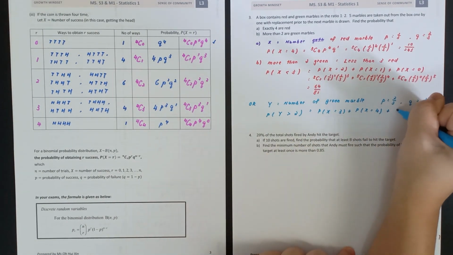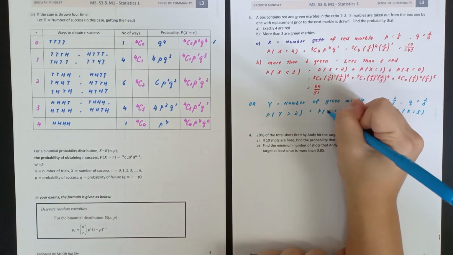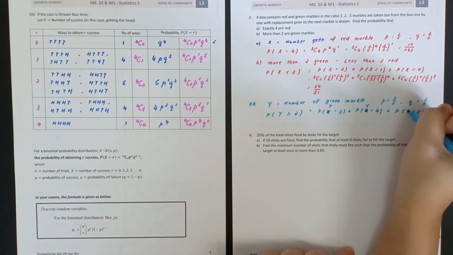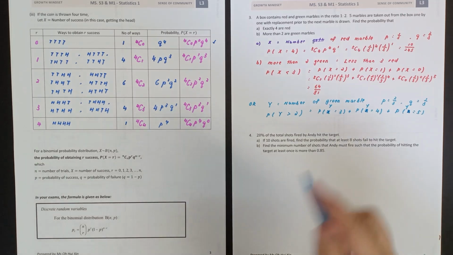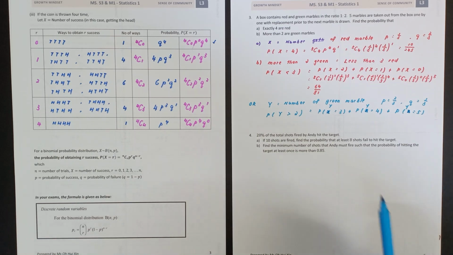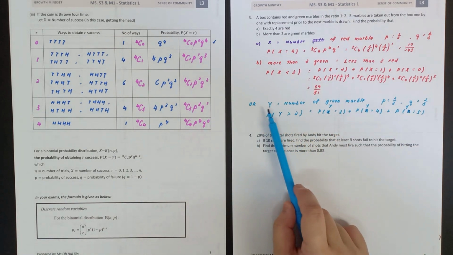It just depends on which one you prefer to use. Both methods can be accepted, but make sure that when you denote the other variable, it must be different from X, and you need to state clearly what Y is.